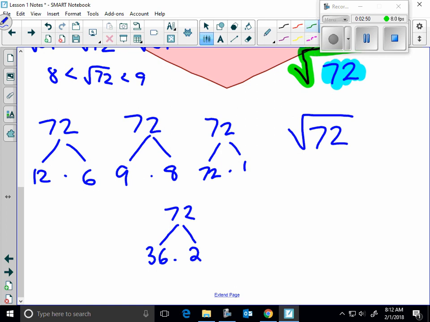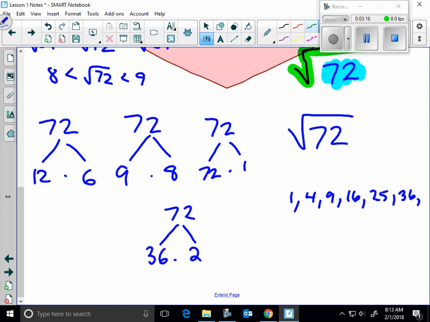Okay, one of these is going to be more beneficial to use than the others. I want to look at my factors, and then I want to identify the largest possible perfect square. My perfect squares, what are they? How about 1, and then 4, and then 9, and then 16, 25, 36.